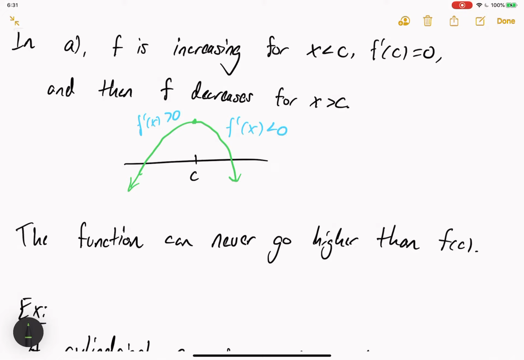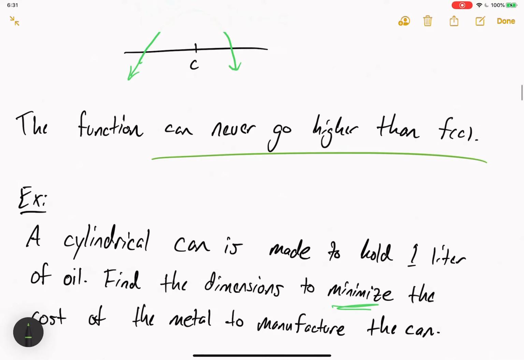Once you've reached that height, if you only decrease afterwards, if you only go back down, you will never get back to that height. That's what this is saying. So you'll never go higher than f of c, the maximum. And likewise for the minimum.